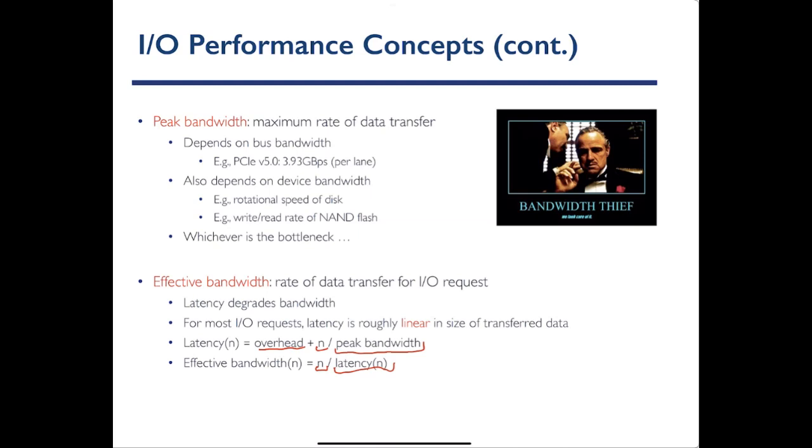You're always spending some time processing the requests or queuing the requests. And the time that you're spending for that, you're not spending on transferring data, and that brings your effective bandwidth down from your peak bandwidth. So your peak bandwidth is always the highest achievable bandwidth in your system.